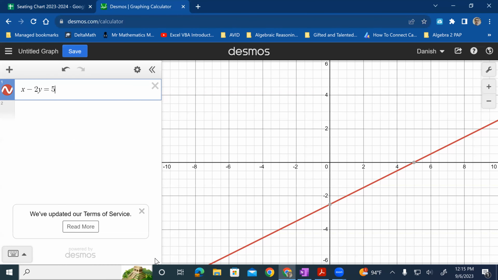What do I need to do? I need to find the value of y when x is 6. So I move the cursor on the line, and then I noticed when x was negative 6, y is what?